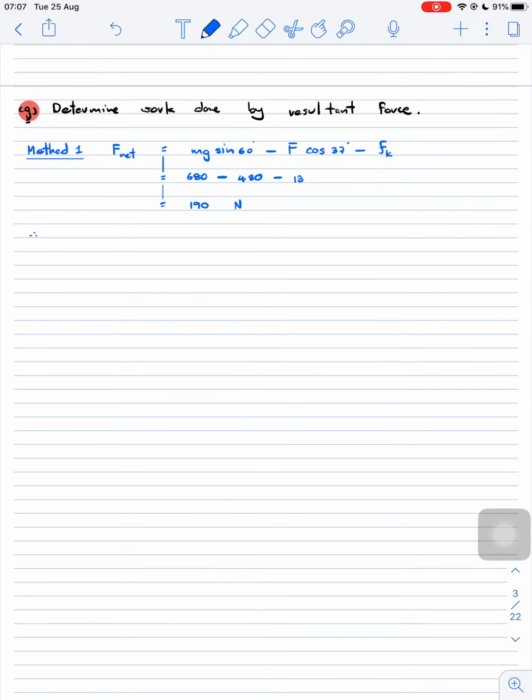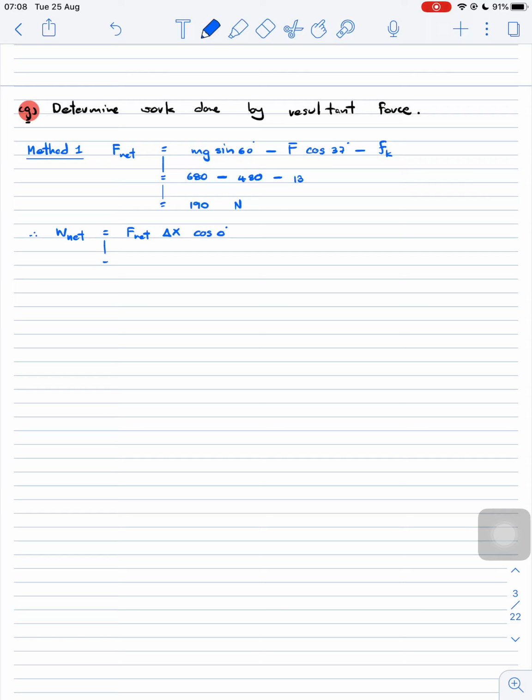Then we can get that the work done by net force, right, is going to be equal to the net force times the displacement, and then times the cosine 0 degrees, right, because in this case the net force is just parallel in the same direction as the displacement.